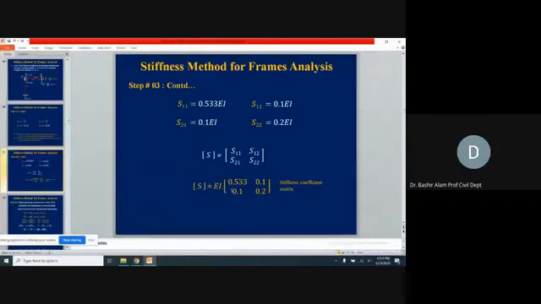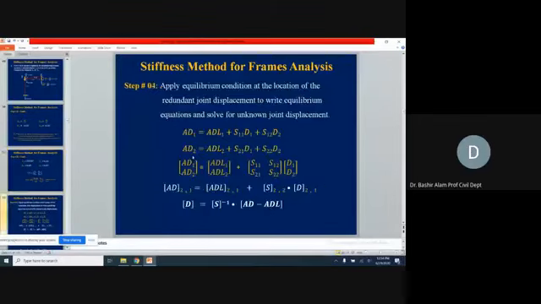So this S is equal to EI times 0.533, 0.1, and 0.2. So this is the stiffness matrix. Now we will write the equilibrium equation. This is the standard form of the two simultaneous equations. This is how we write them in the matrix form, and this is the equilibrium equation.